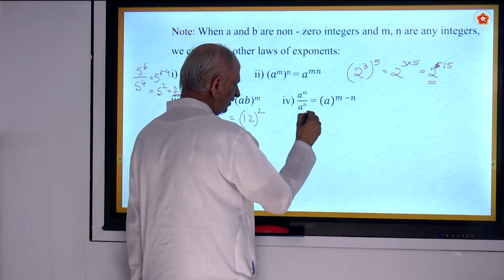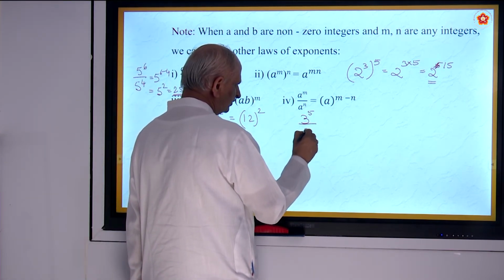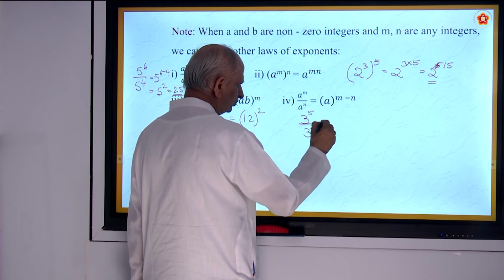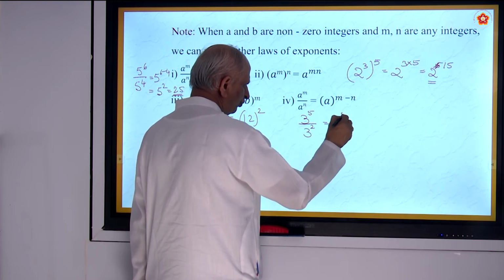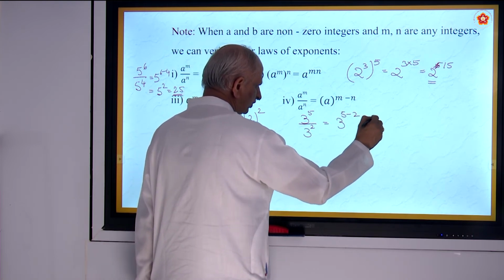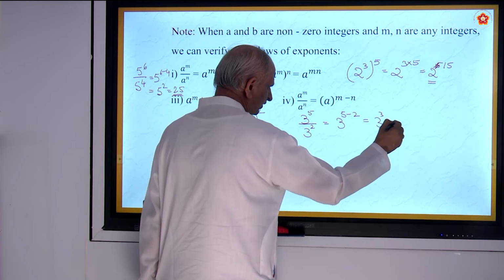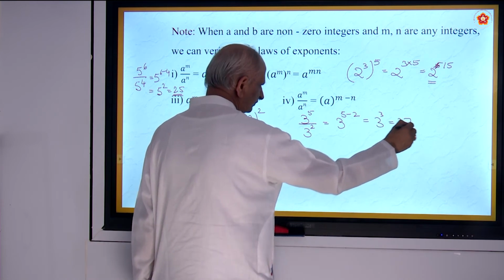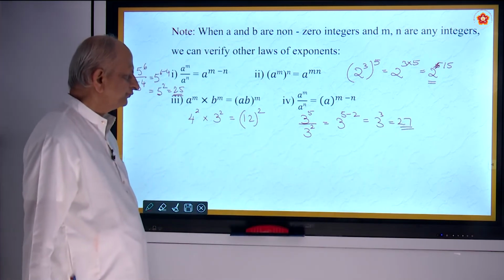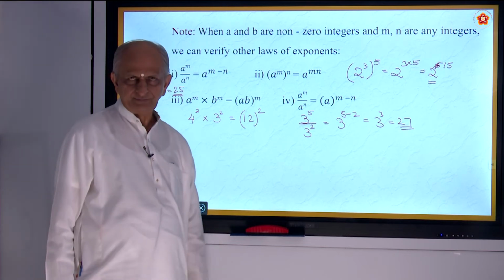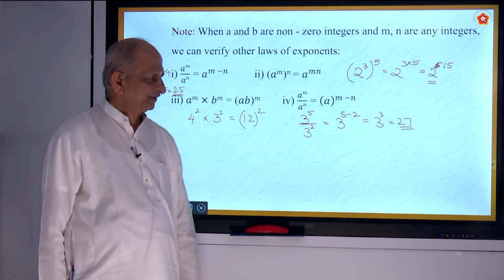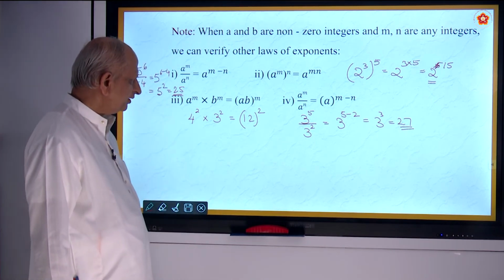And coming to this, just now I was telling about that. Suppose you have 3 to the power of 5 and here 3 to the power of say 2. 3 to the power of 5 minus 2, 3 to the power of 3, that is 27. m minus n, that is 5 minus 2, that is 3. Followed?